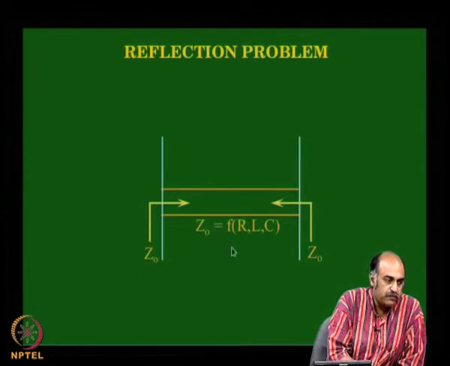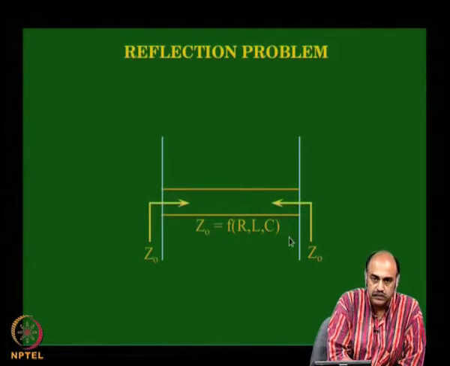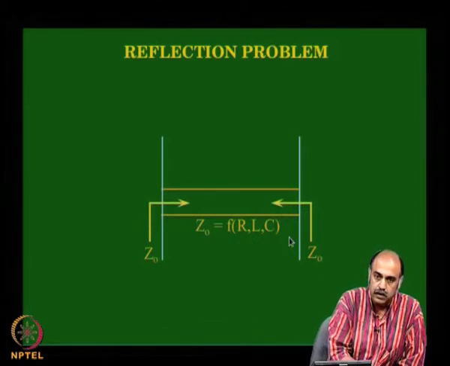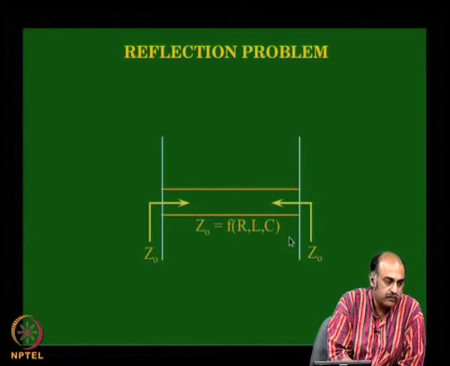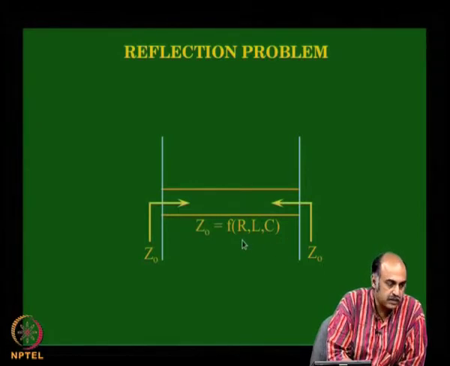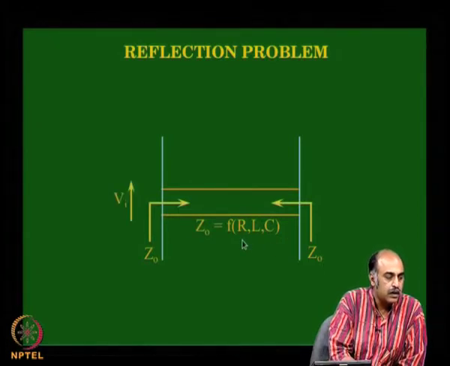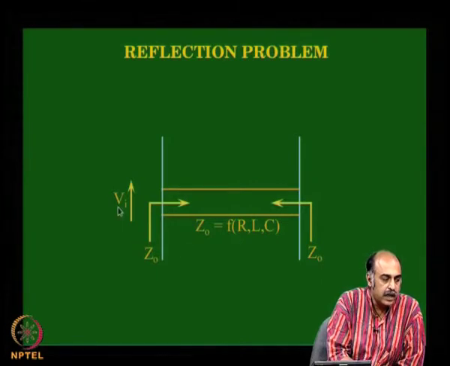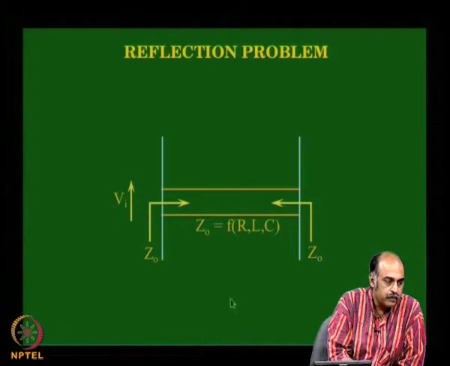Now, Z0 is a function of R, L and C's that we have seen before when we had been discussing the parasitics R, L and C. And on the source side, we will call the voltage here Vi, and on the load side, let us call it a voltage V0.